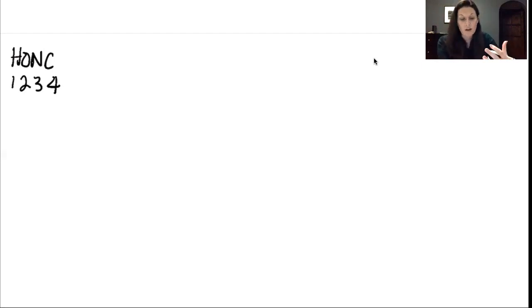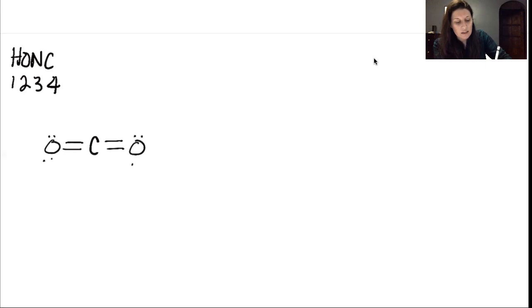We know that we have a carbon in the center. Carbon is flanked by two double bonds to our oxygens, and then each of those oxygens has four non-bonded electrons. So this is CO2, the Lewis structure.